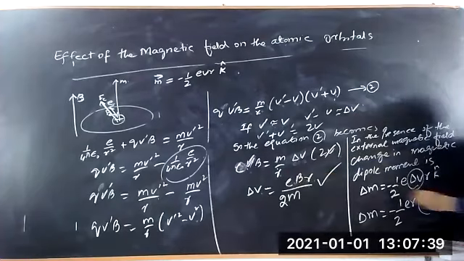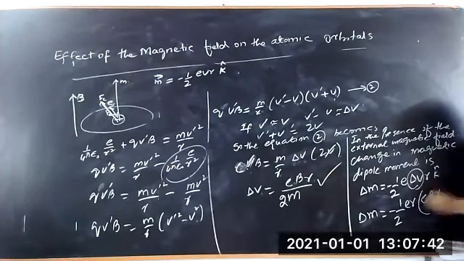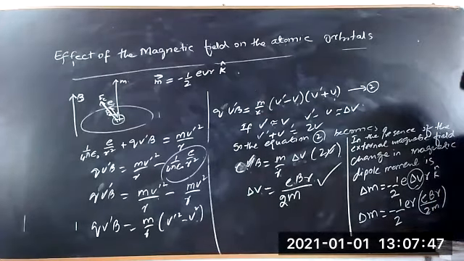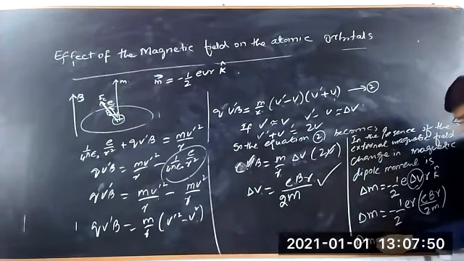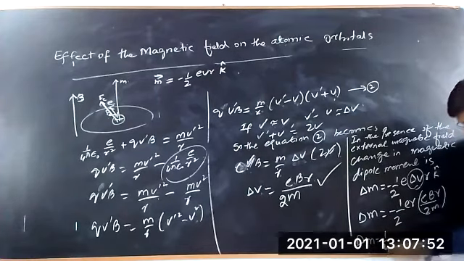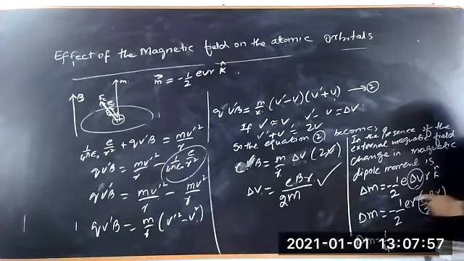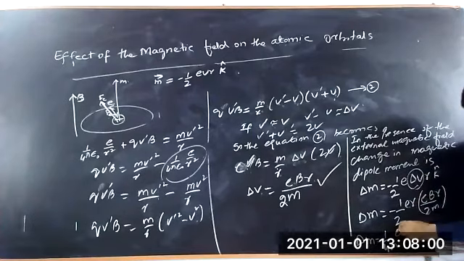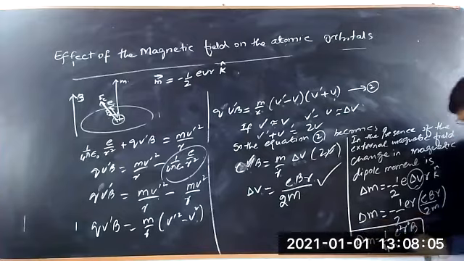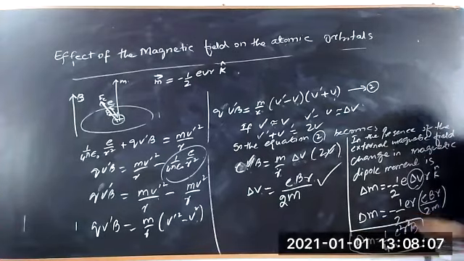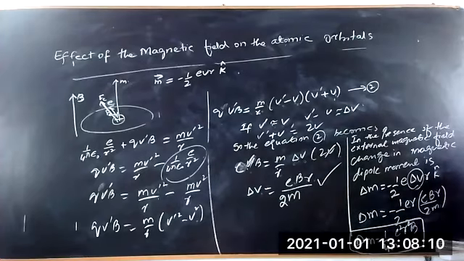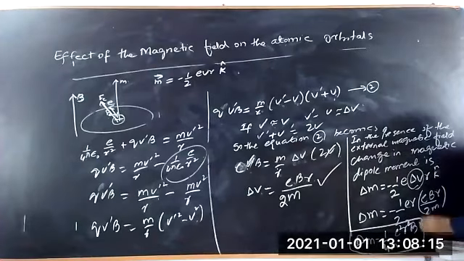Delta V is equal to e B R upon 2m. So this can be rewritten as delta M is equal to minus 1 upon 4, 2 into 2, 4m, e square R square B. So this is the change in magnetic moment into direction.